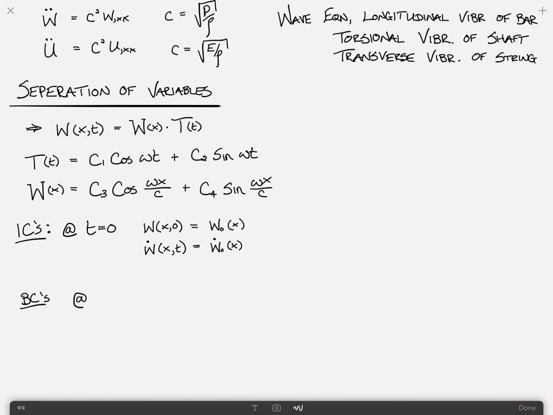So that is to say that at x equals 0, the displacement is 0, so w of 0 comma t equals 0. And similarly, at x equals L, w of L comma t is equal to 0. And we'll say that that is pinned at both ends.